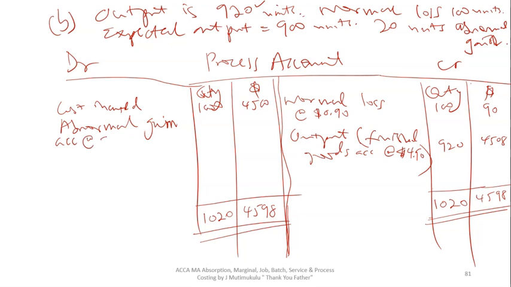And the abnormal gain is also valued at the cost per unit as we have computed. All right, so for the abnormal gain, there were 20 units at $4.90, and we get $98, and they should actually then balance.